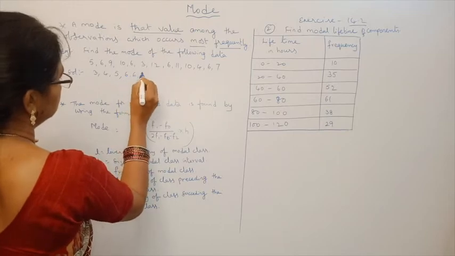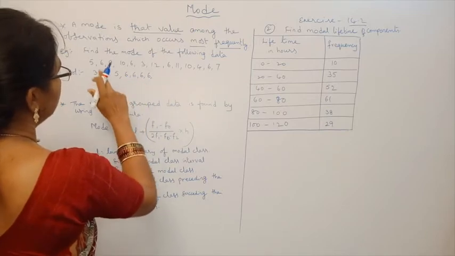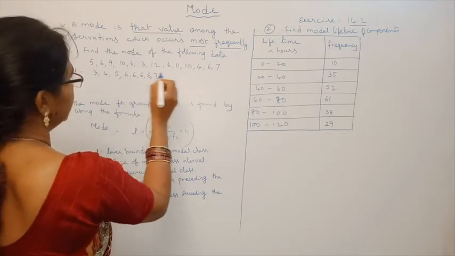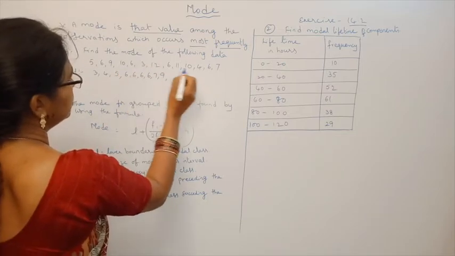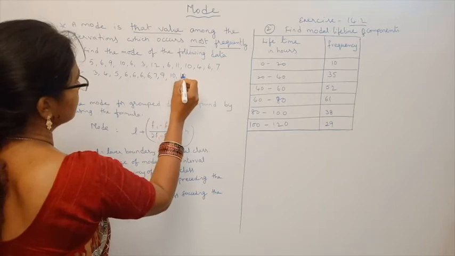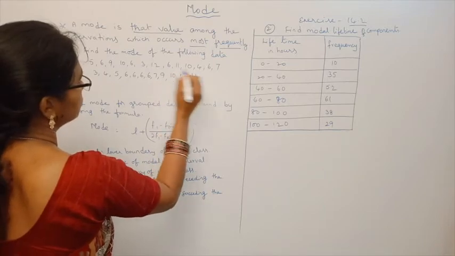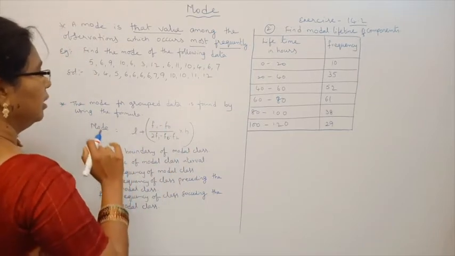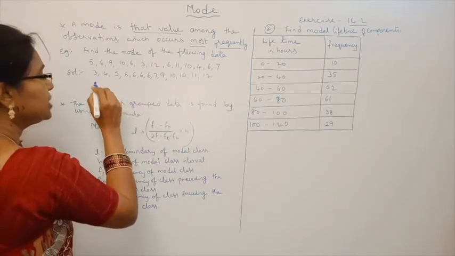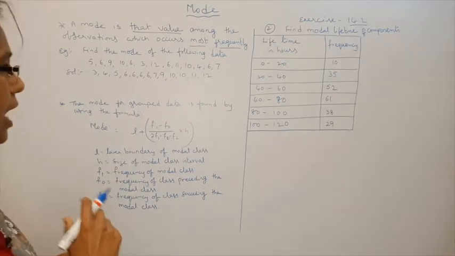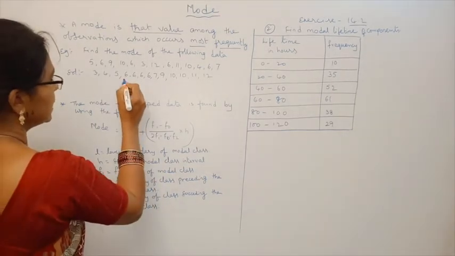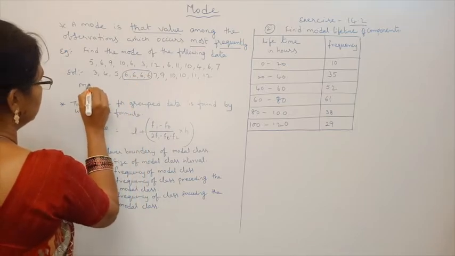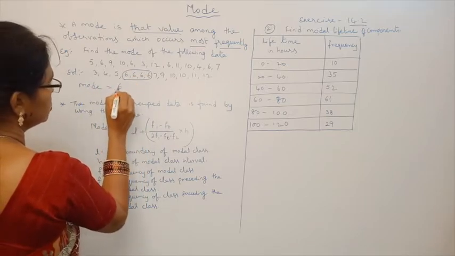Next 7, only one time. 8 is not there. 9, 10 two times. 11 one time, 12 one time. Now these are the observations in order. Which observation occurs more times? 6 occurs 4 times. Then the mode of this data is equal to 6.